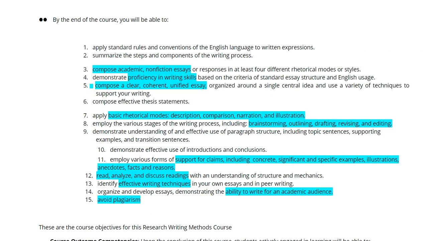And one of the prerequisites is that you have already mastered the skill of composing academic nonfiction essays, a proficiency in writing skill, compose a clear, coherent, unified essay, that you understand what a thesis statement is, and that you are able to write an effective thesis statement. Basic rhetorical modes, description, comparison, narration, illustration, that you're supposed to understand the stages of the writing process that you learned in those courses.